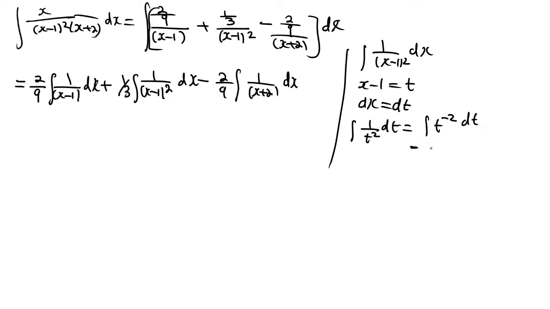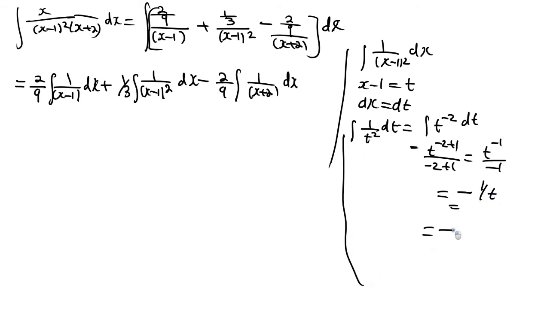What is the integral of t to the power minus 2? T to the power minus 2 plus 1 divided by minus 2 plus 1, which is t to the power minus 1 divided by minus 1, equal to minus t to the power minus 1, that is minus 1 by t. So its integration value is minus 1 by t, where t is x minus 1, plus integration constant.